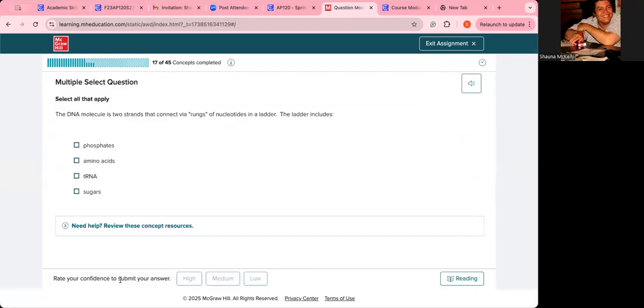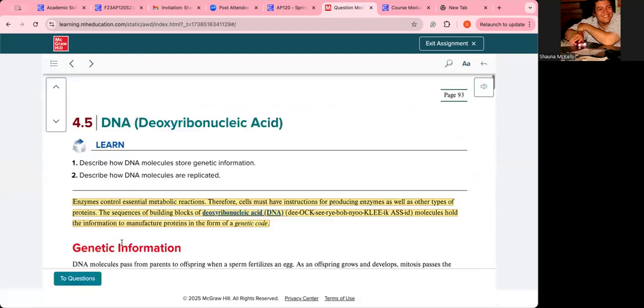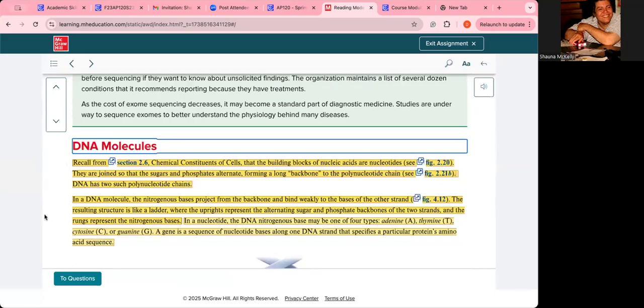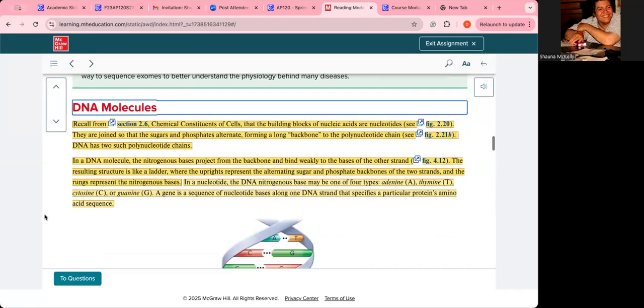The DNA molecule is two strands that connect via rungs of nucleotides as a ladder. So where's my ladder?